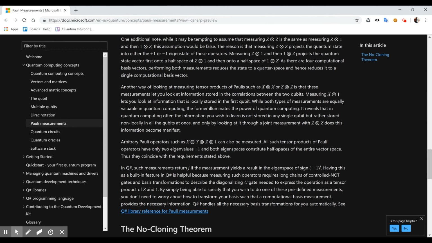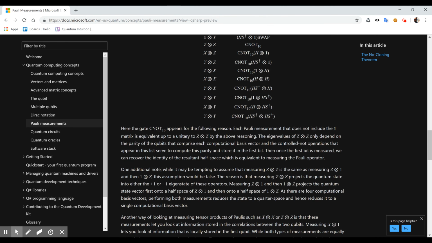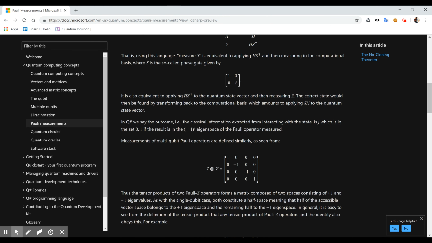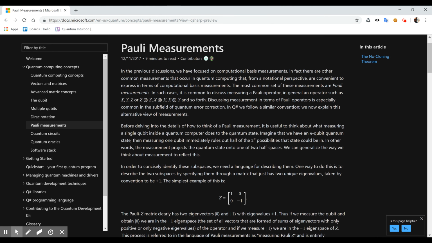I learned about the Pauli gates X, Y, and Z as gates that operate on qubits, and they are just manipulating the state of one or many qubits. One qubit in this case, but we can just apply it to many qubits. But I don't get the sense of seeing that as measurements.